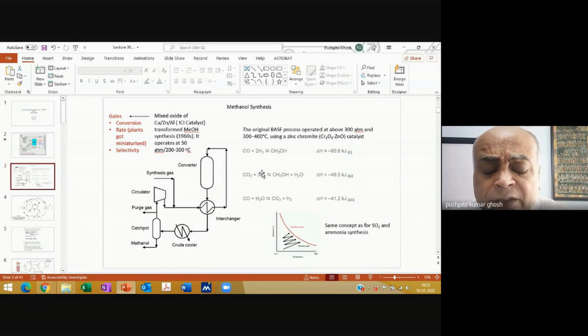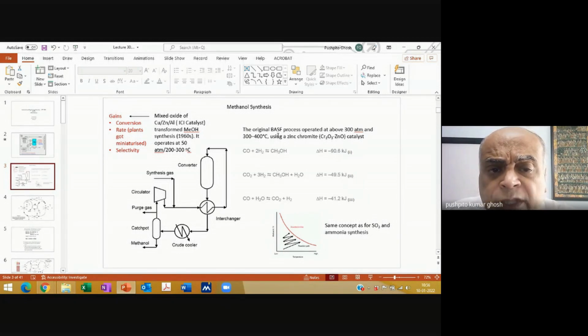And you can imagine that methanol is again a very, very big bulk chemical. And so it was a huge breakthrough, the production of methanol. And of course, because it is an exothermic reaction, people were all the time trying to see if they can reduce the temperature at which the reaction can be carried out.